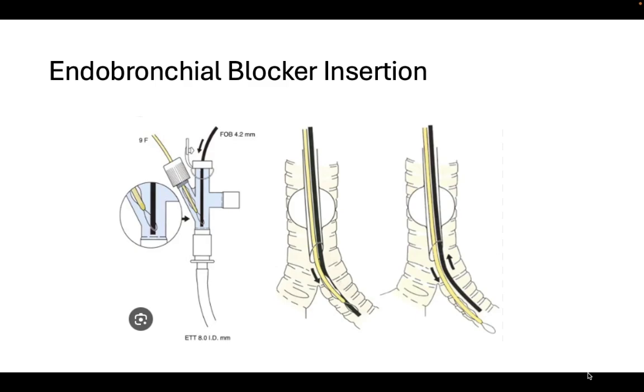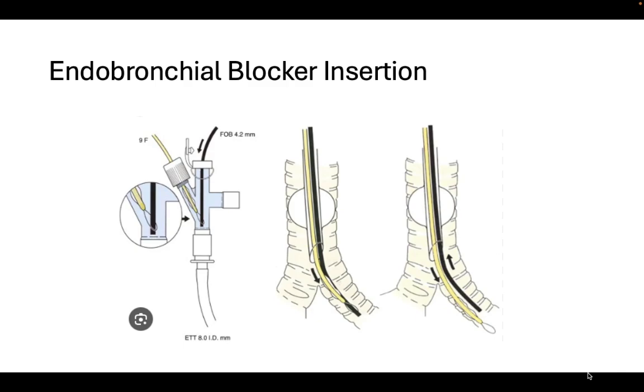Here you can see a more detailed view of what the blocker looks like. So typically you will attach the blocker to the bronchoscope inside that 4-port airway prior to attaching it to the ET tube. So you will put your scope into that 4-port piece, as well as put your blocker into the appropriate port before you attach it to the ET tube.